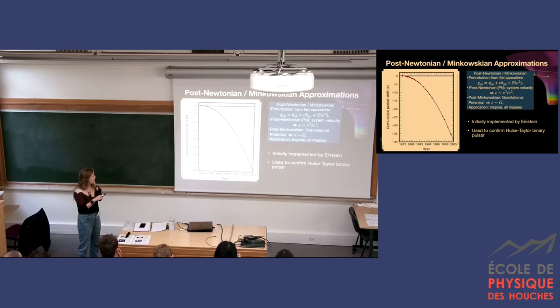So a lot of post-Newtonian people did their post-Newtonian expansions, and they predicted it with general relativity. This would be the decay in the blue line, and the red dots were the observation points. So this was seen as an indirect detection of gravitational waves. They started observing it in the 70s, but they continued with the observations.